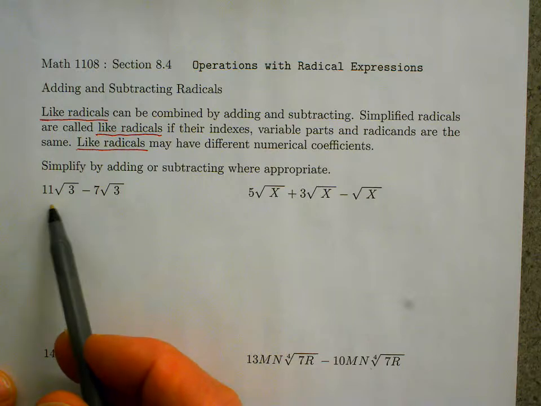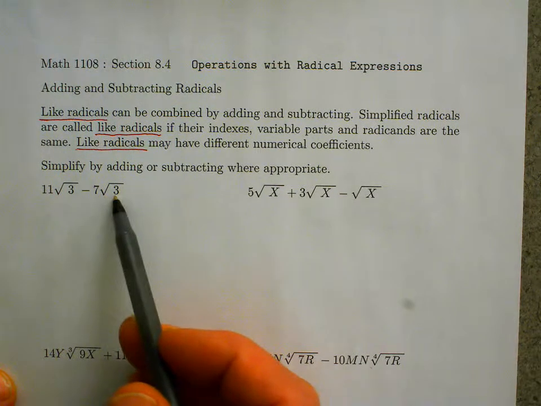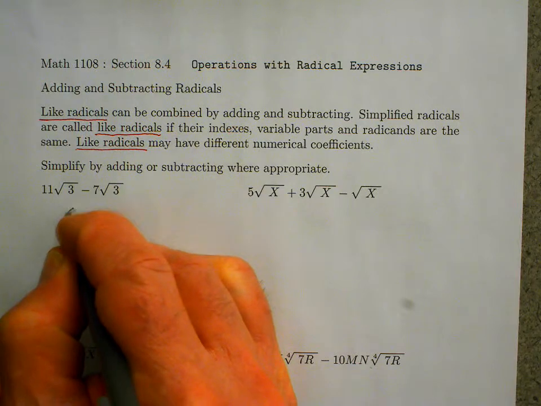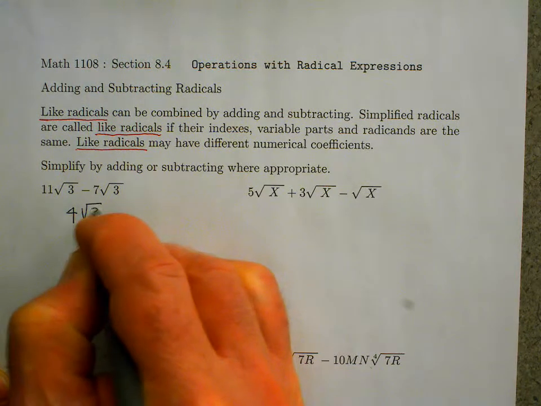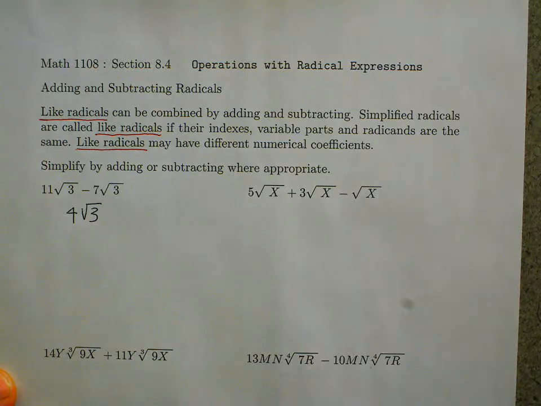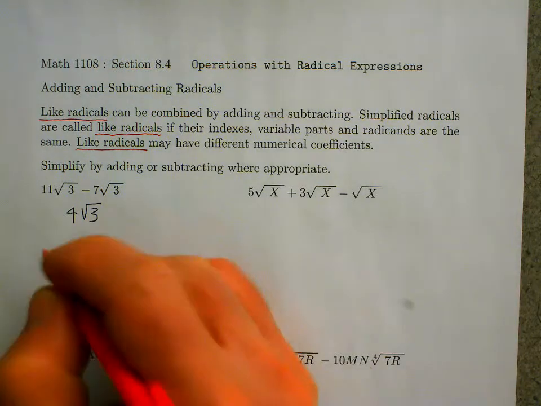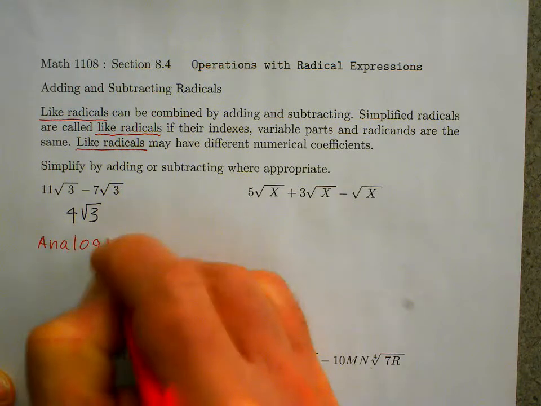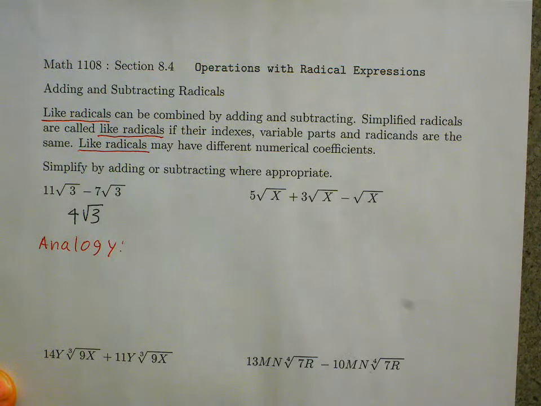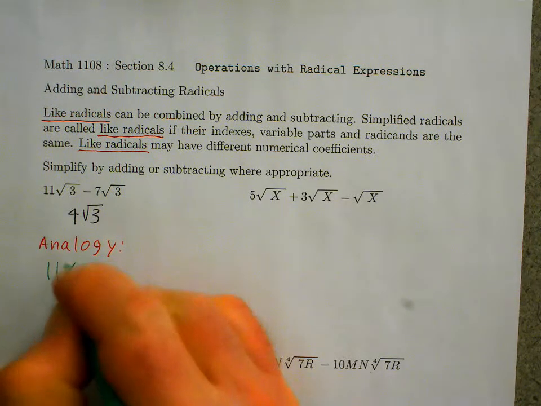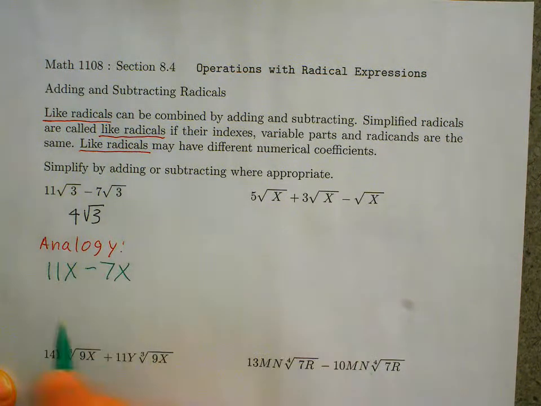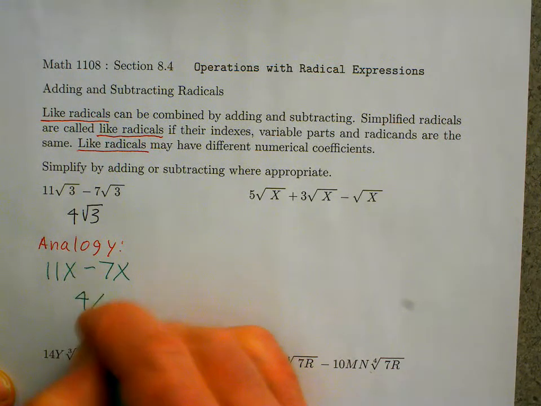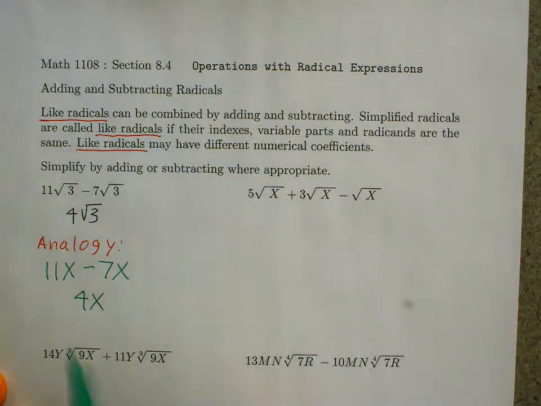So 11 times the square root of 3 minus 7 times the square root of 3 simplifies to 4 times the square root of 3. So this is analogous. I'll just write analogy. If we have 11x minus 7x, we know that that simplifies to 4x. So the same concept works when combining like radicals.